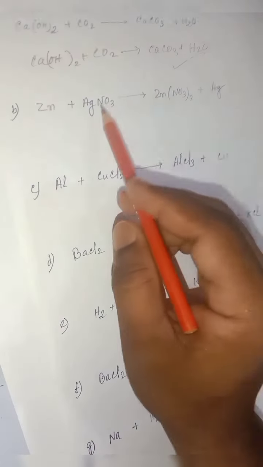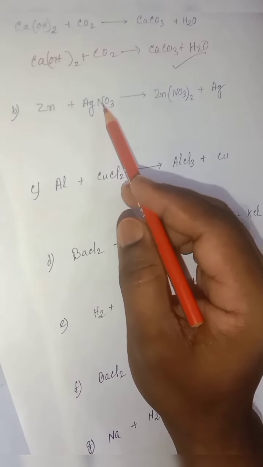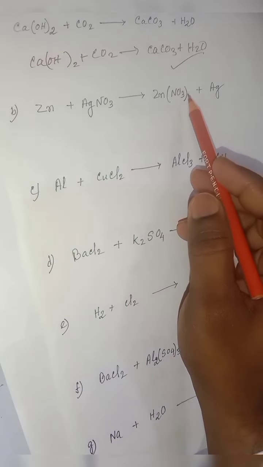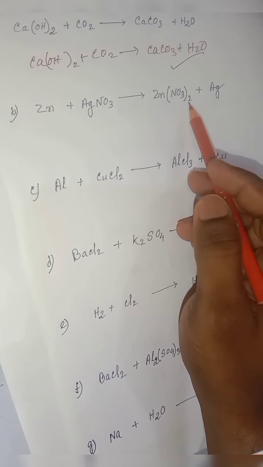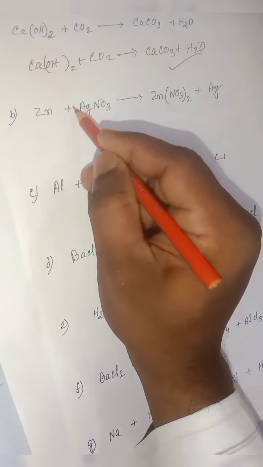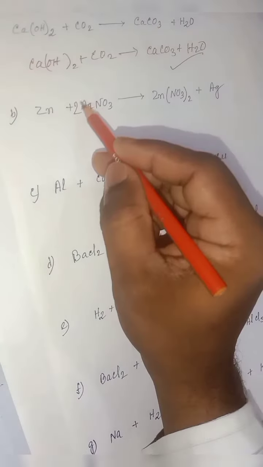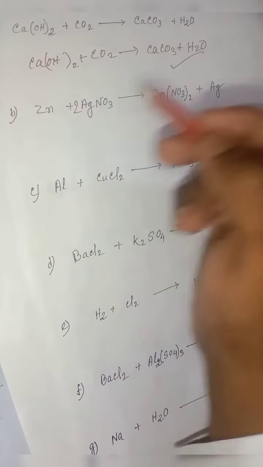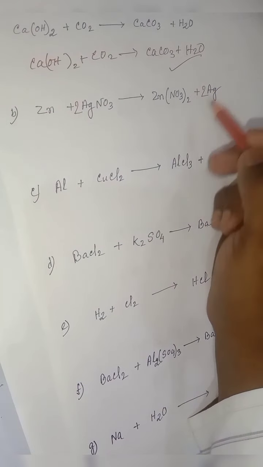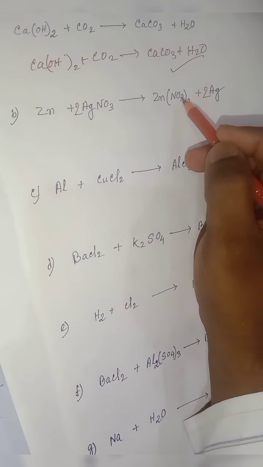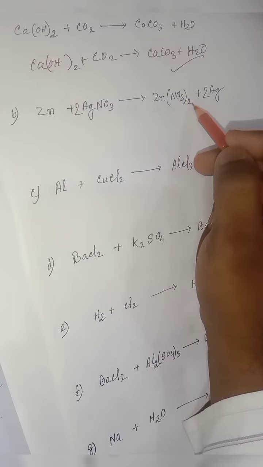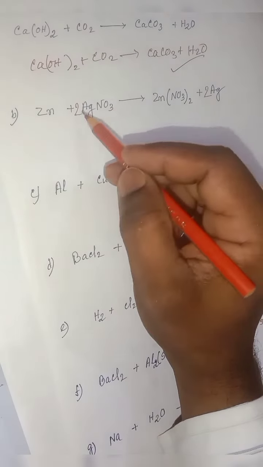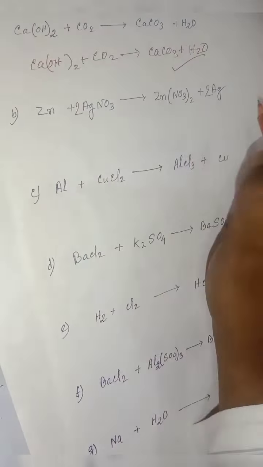Number of nitrogen on the left hand side is 1, but the number of nitrogen atoms on the right hand side is 2, so multiply by 2. That is the number of Ag silver, 2 multiplied by 2. Number of oxygen atoms: 3 into 2 is 6, and 3 into 2 is 6, so the equation is balanced.